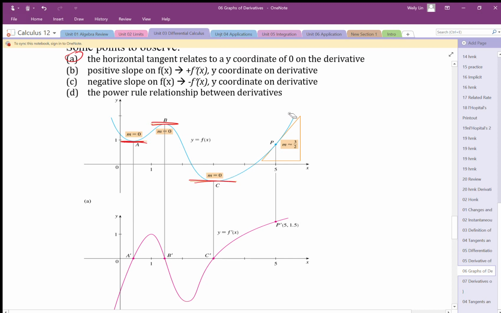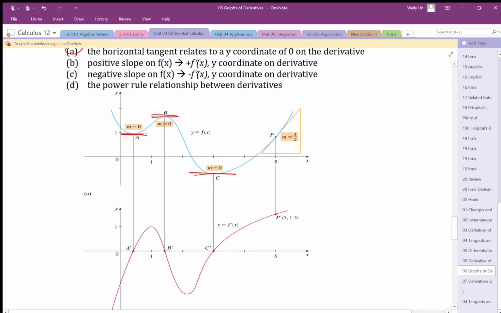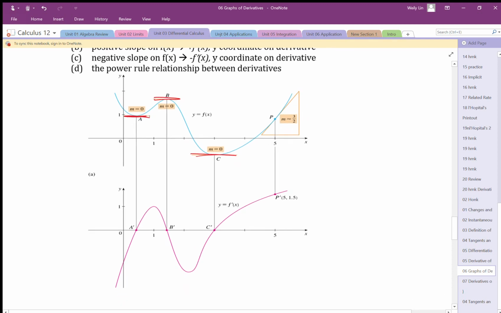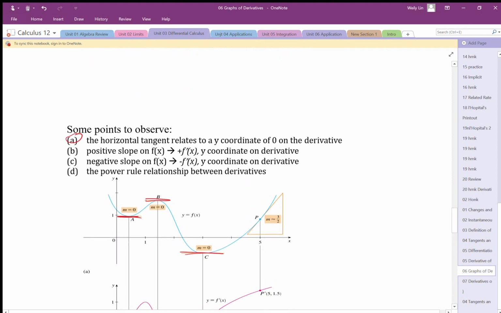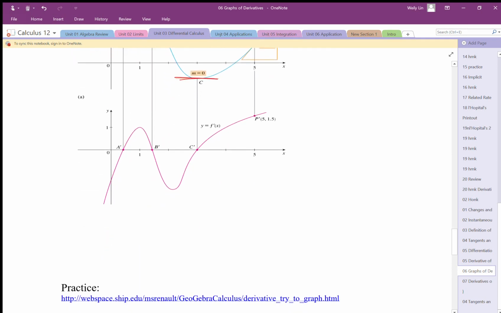Notice that as our slopes increase, the graph is getting steeper. The last thing is the power rule relationship. If it looks like a 1st, 2nd, 3rd, or 4th degree polynomial, which this is not, we should have a derivative that looks one degree lower. That's an additional part that we're adding on that we can look at. So these are the things that we're looking for.